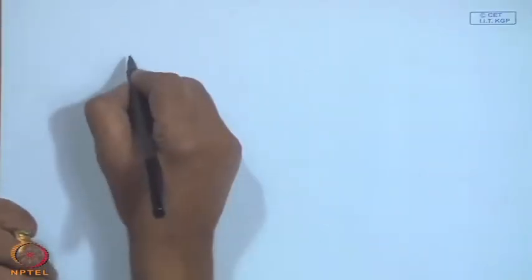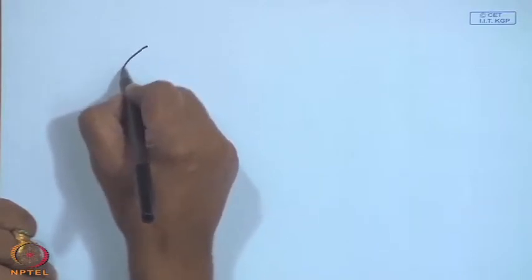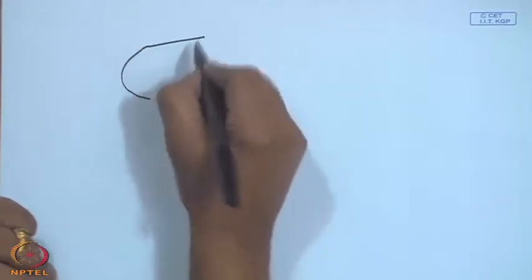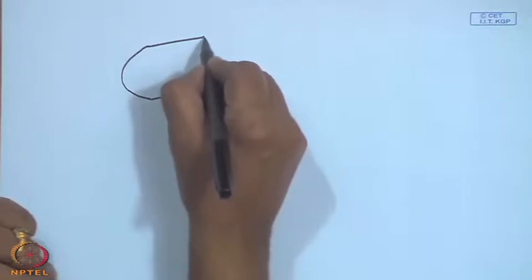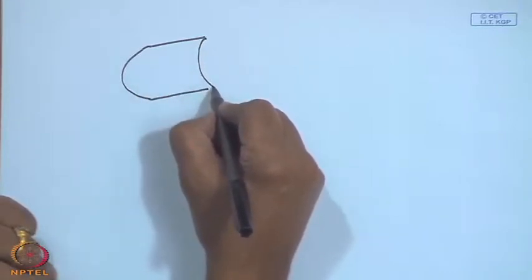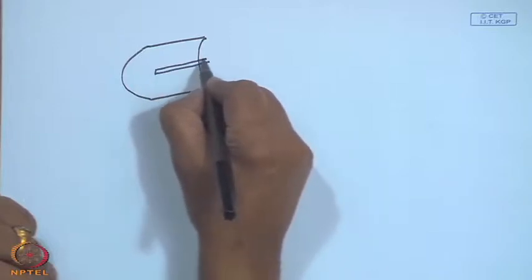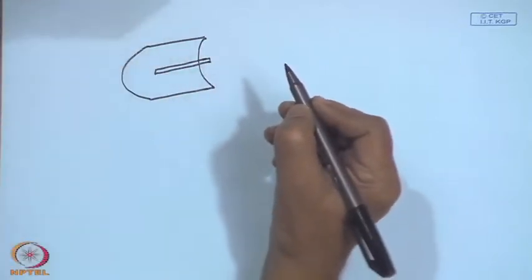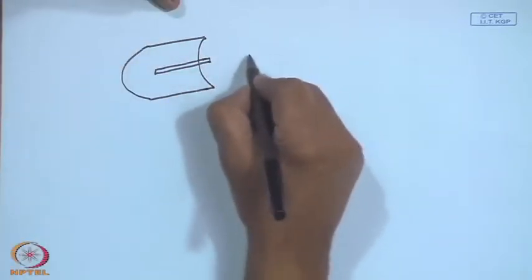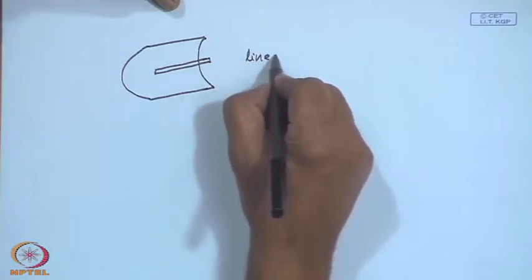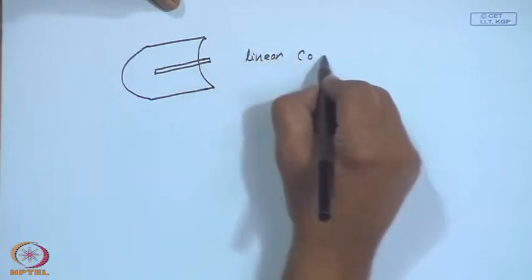So, if you have a parabolic system like we have drawn now, the attempt is to focus on to a line. So, this is a sort of linear concentrator.